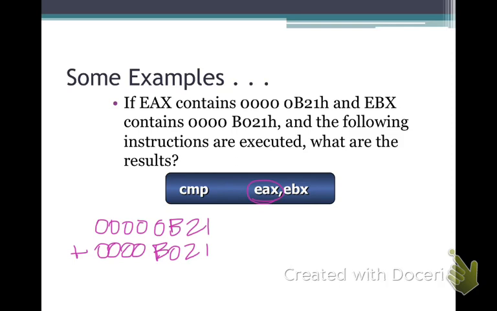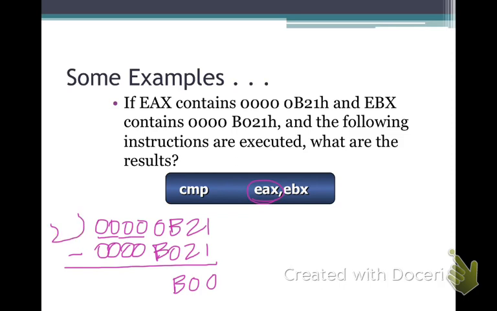So I'm going to do subtraction. Now I'm subtracting EBX from EAX. So 1 minus 1 is 0, 2 minus 2 is 0, B minus 0 is B. 0 minus B I can't do, I've got to borrow. But I have nothing to borrow from here.